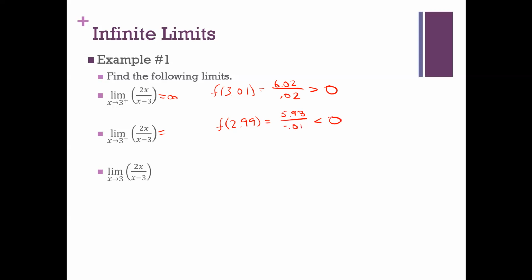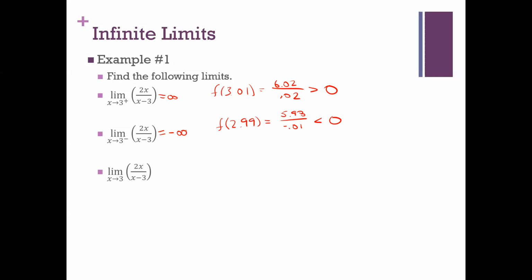That's clearly going to be negative. Can I make those negative numbers as small as I want? I can. From the left, I can get as close as I want to x equals 3, and I can get this limit to behave that way.